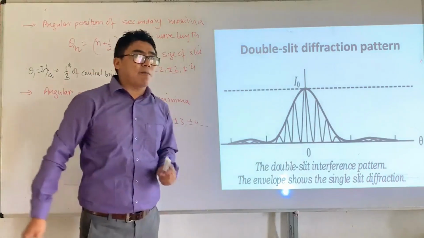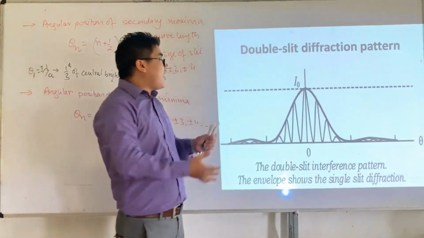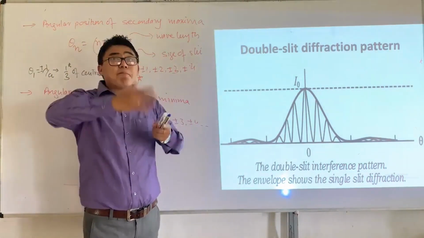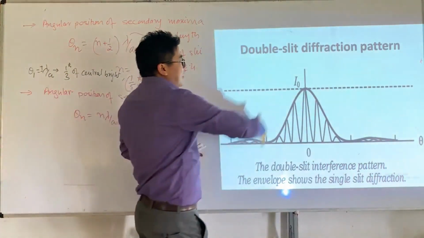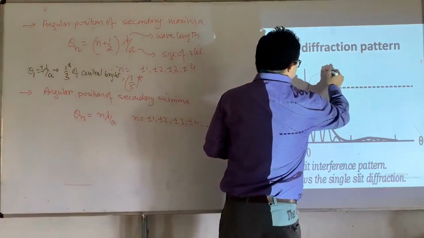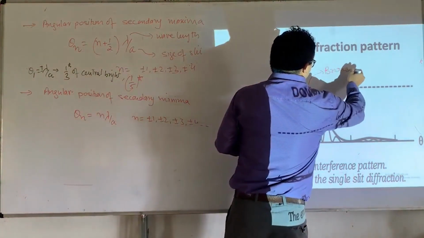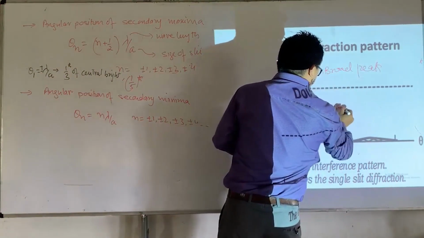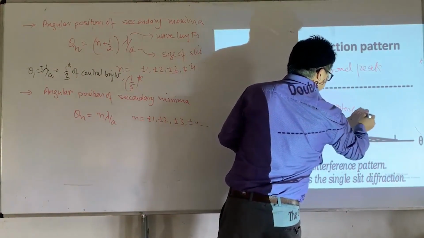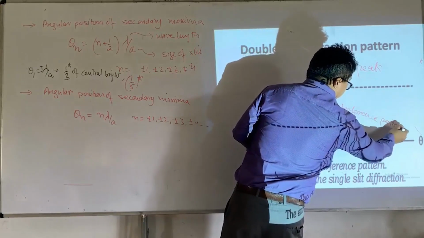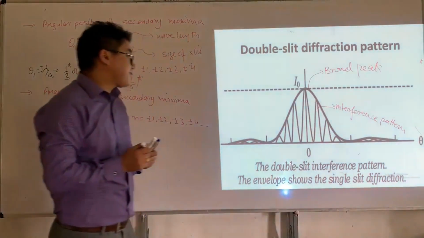You will be getting a broad central bright. Within the broad central bright, you will be getting interference patterns. This is the broad peak, and this is going to be the interference patterns.